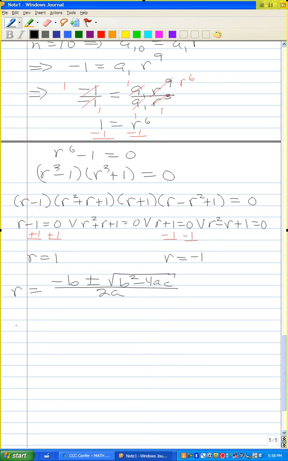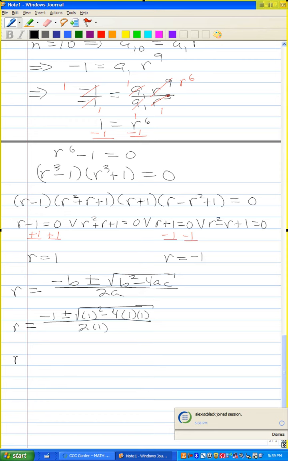And so I have r is equal to, so let's try to solve this equation, negative b plus or minus the square root of b squared minus 4ac all over 2a.